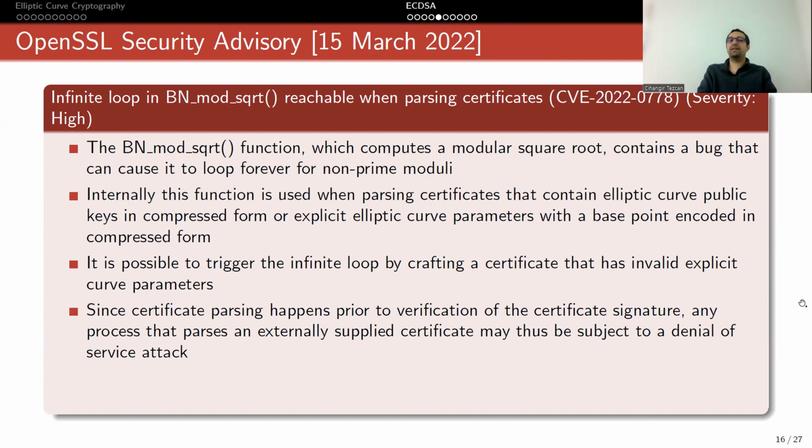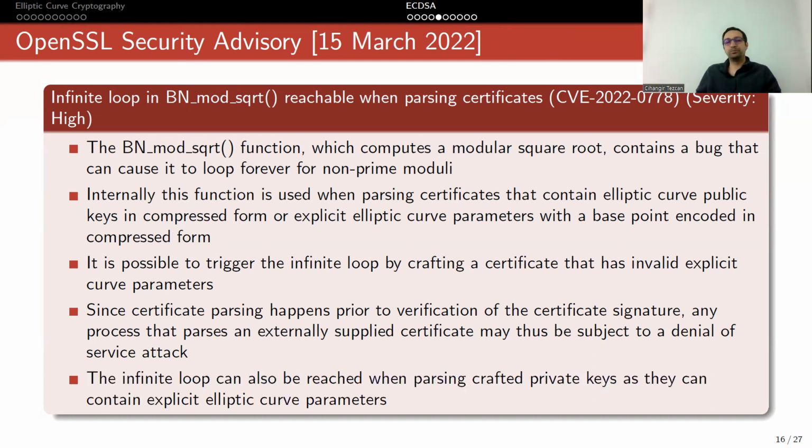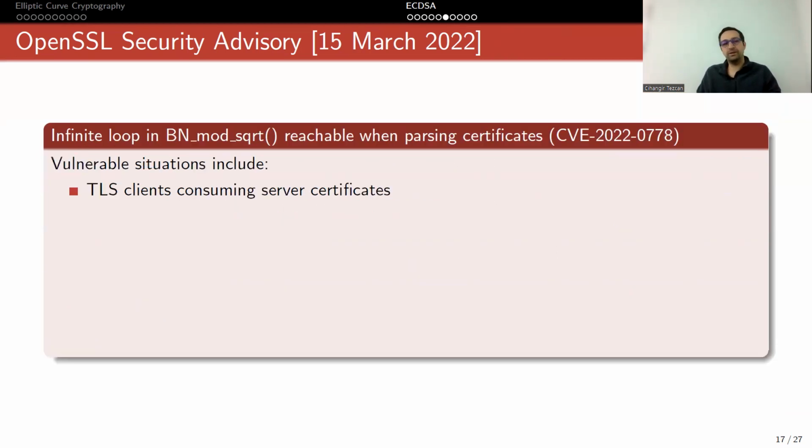Since certificate parsing happens prior to verification of the certificate signature, any process that parses an externally supplied certificate may be subject to a denial of service attack because you put the server in an infinite loop. The infinite loop can also be reached when parsing crafted private keys, as they can contain explicit elliptic curve parameters.